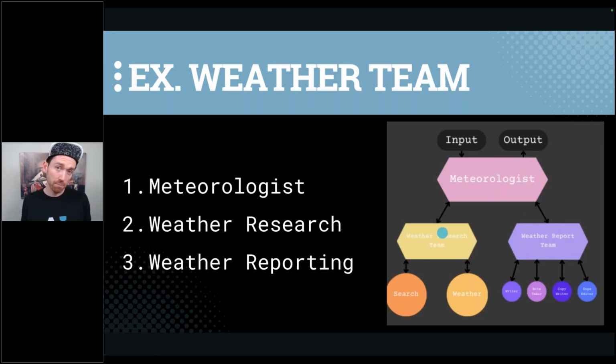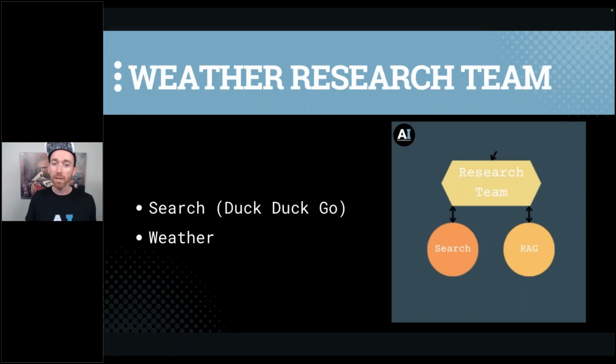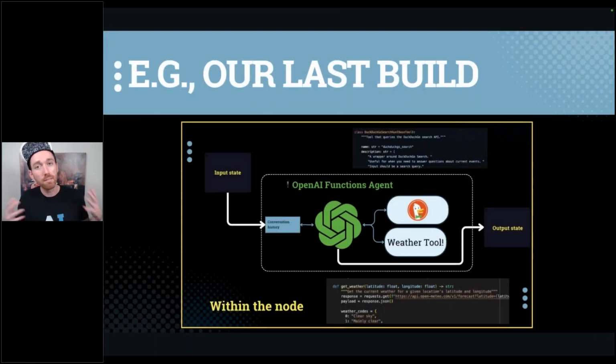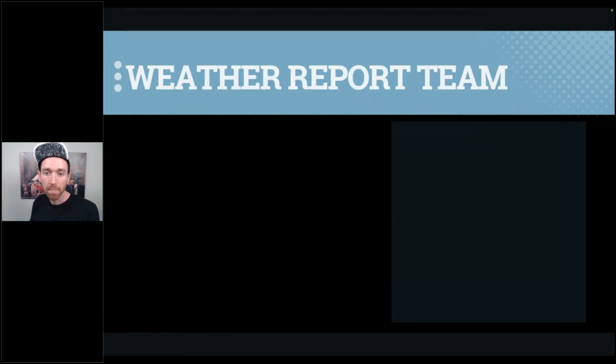Now the research team is the one you'll notice we already built. It's got our weather tool, it's got our DuckDuckGo search. And there we are. We already have this subgraph, if you will. We already talked about it in some detail. Now what we're going to do is we're going to build another team.